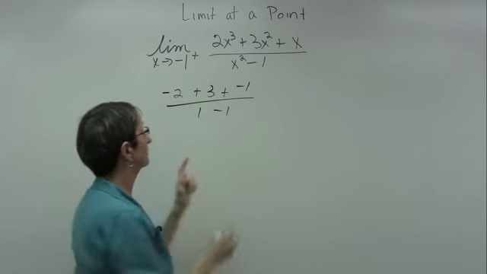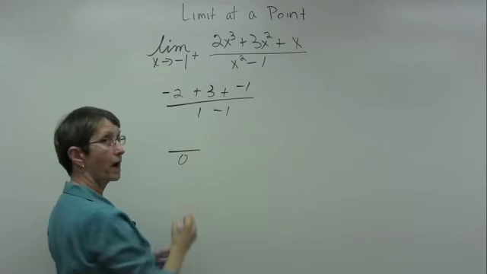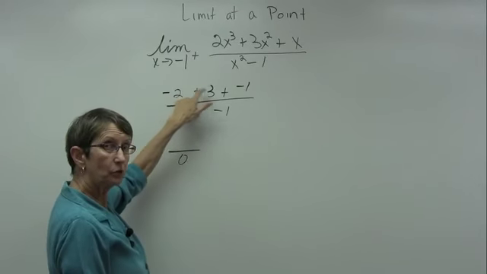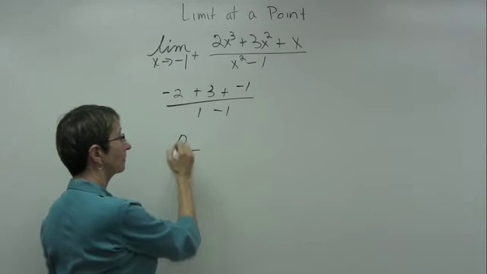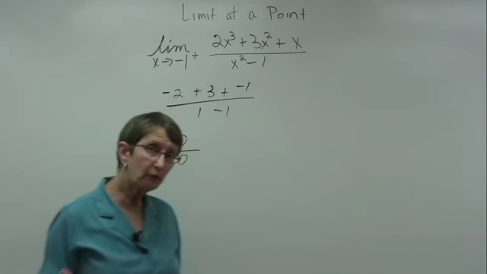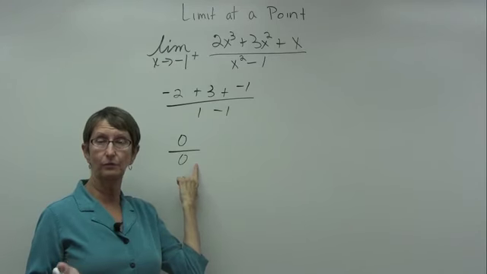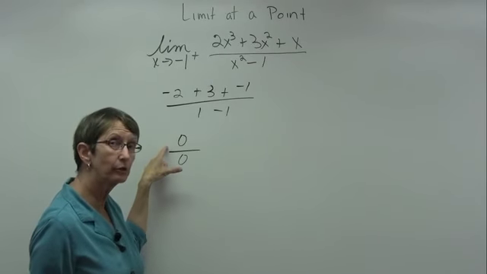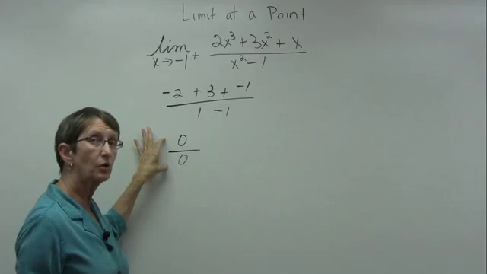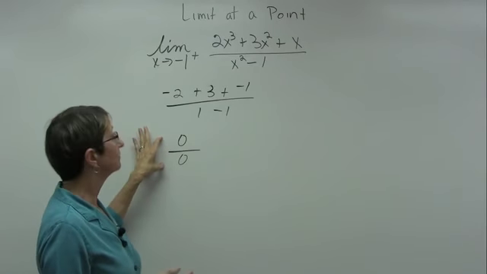Now this is a problem. First of all, we have 0 in the bottom, but we also, -2 plus 3 is 1 minus 1, have 0 on top. That's not a form we can work with. You know that you can sometimes have trouble with zeros in the denominator, but this also has a 0 in the numerator that's actually going to give us better information.